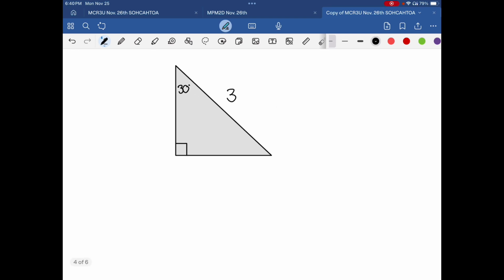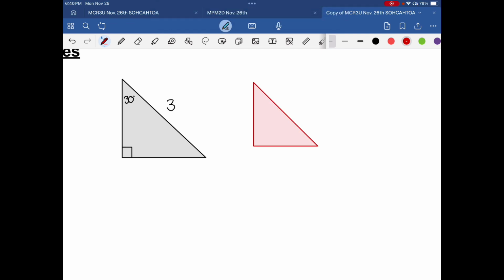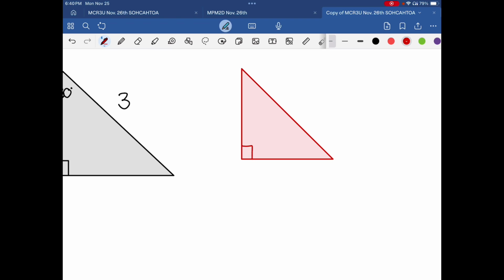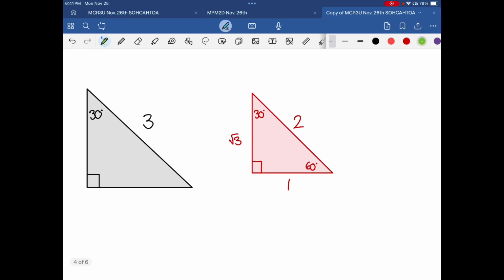Since this is a 90, 30, 60 degree triangle, I know based upon my knowledge of it, across from my 30-degree angle is 1, across from my 60-degree angle is root 3, and my hypotenuse has a value of 2. You could think of it as, what do I have to divide by 3 to get 2?